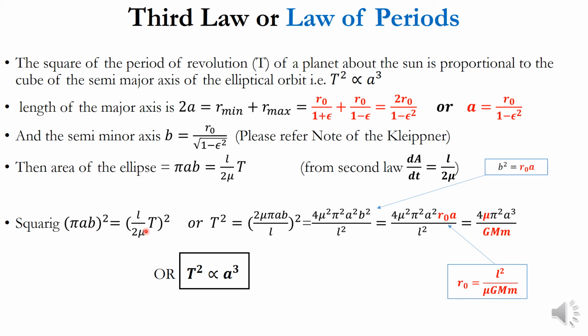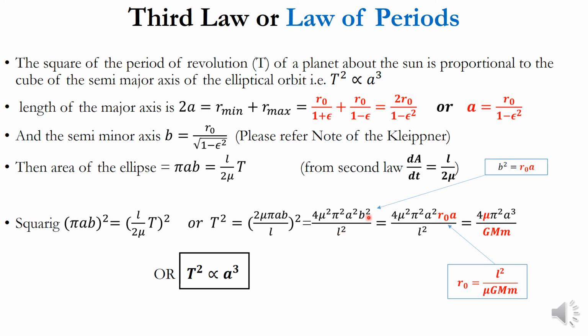and rearranging for T square, it is obtained that T square is equal to 2 mu by L, all squared, times pi a b all squared, that is 4 mu square pi square a square b square divided by L square.